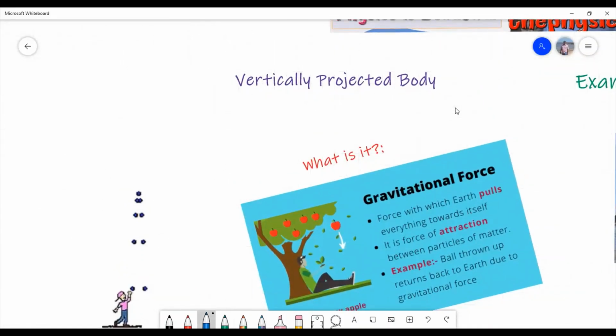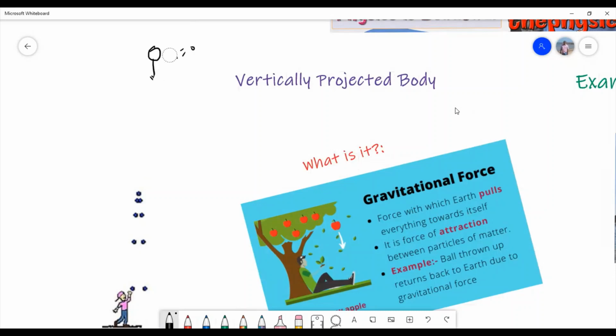In the previous class, I explained about a freely falling body. Remember, I just dropped a body, initial velocity is 0. So in this case, the body is falling freely. I'm not throwing it down, I'm not pushing it down. Because of gravity, the body is moving.